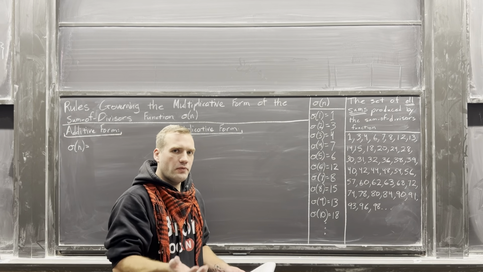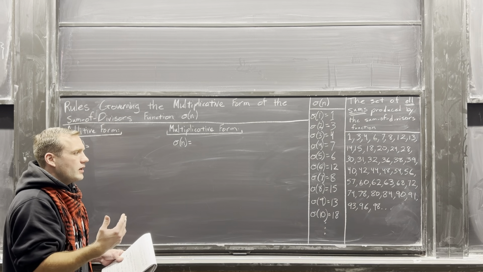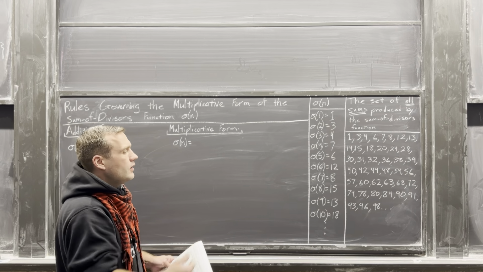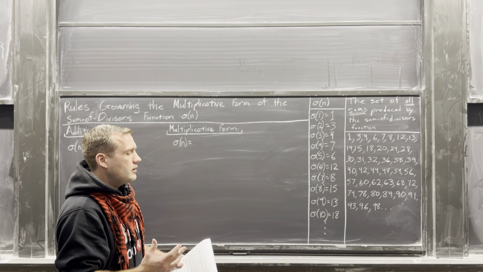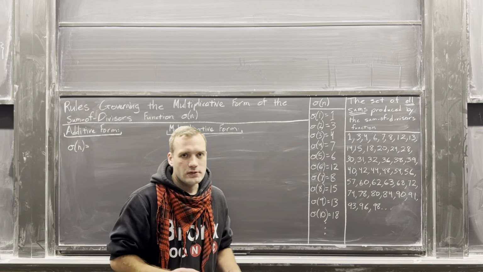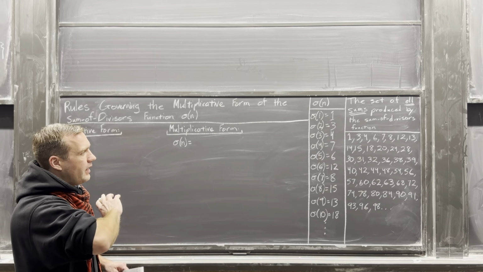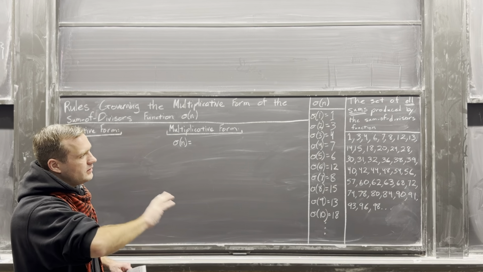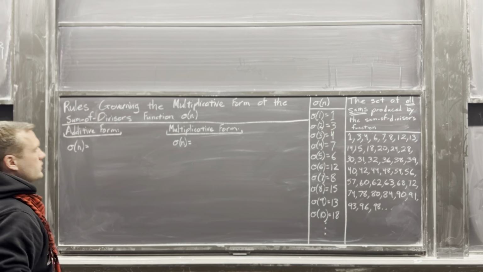It's such a simple function, and yet what I've figured out and discovered is that there are a lot of things impacting how it works. I found this really interesting. I hope you do too, because I have seen nothing discussing this explicitly. So we're going to be discussing the rules governing the multiplicative form of the Sum-of-Divisors function.